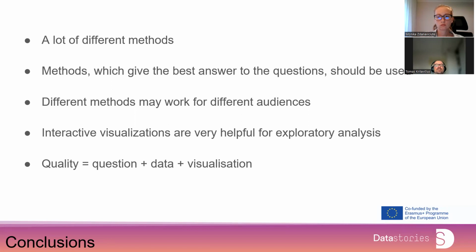So when you have questions and data, visualization is your tool to get the answer for yourself, and then to show your audience the answer to this question using specific data. All these things should work together. That's the way to build good visualizations.